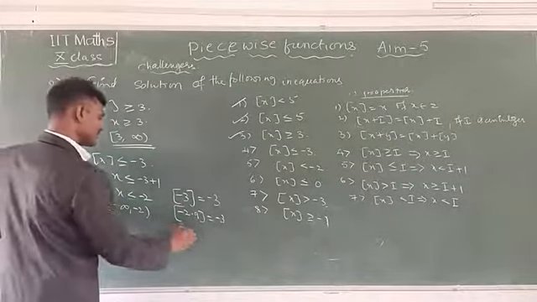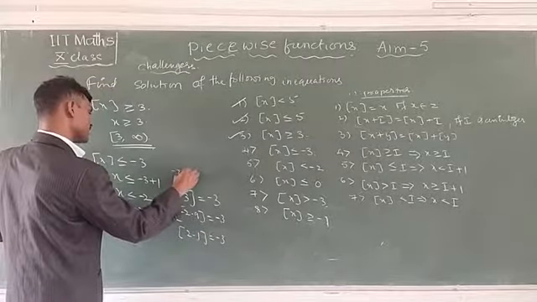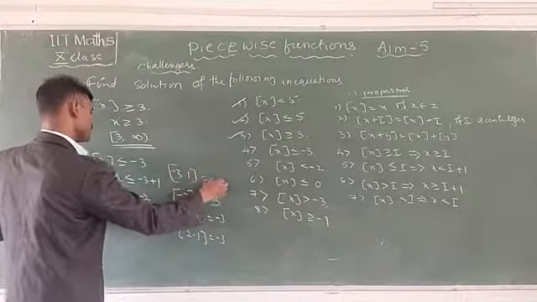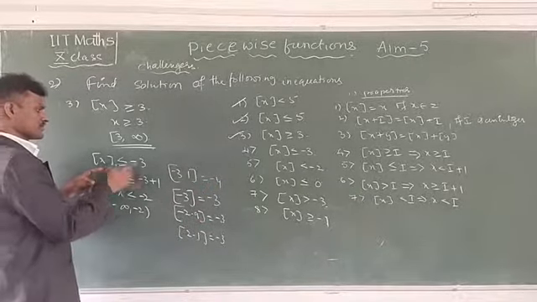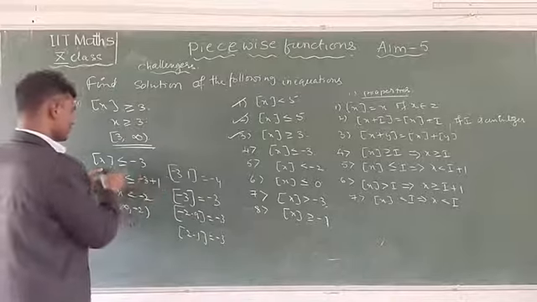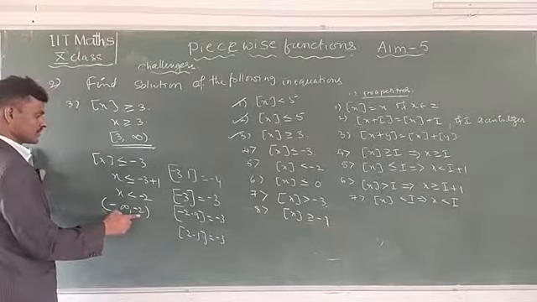Floor of minus 2.1 is also minus 3. Suppose you take minus 3.1, then this is minus 4. Minus 3.4 is not allowed, but up to minus 2.9 also gives minus 3.